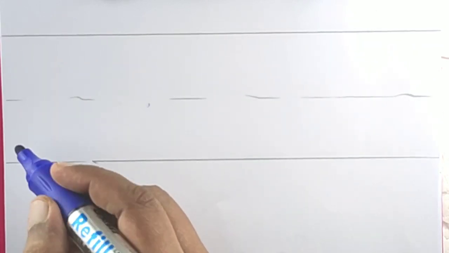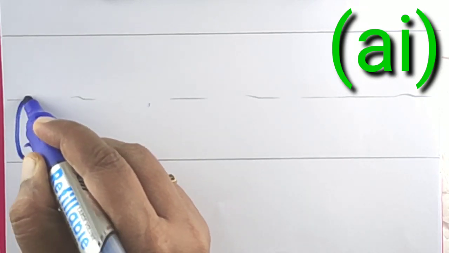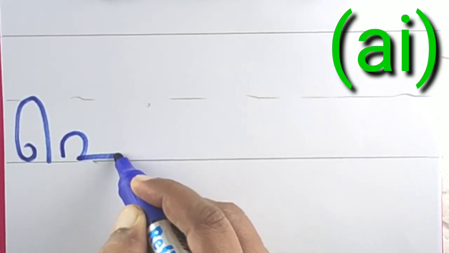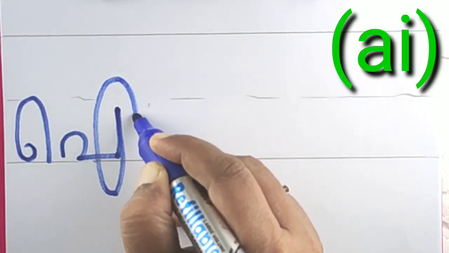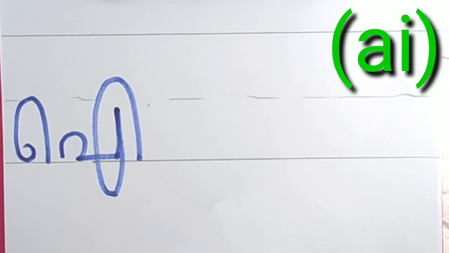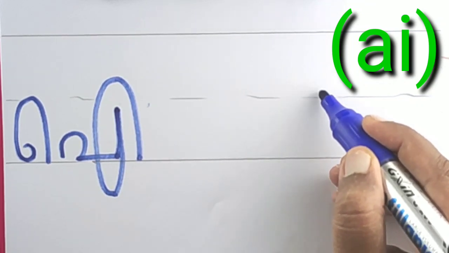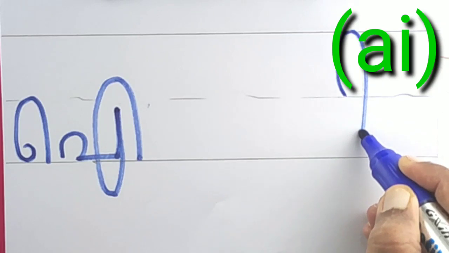The next vowel sign is I. So let's write I here. So now we need to make ka with the I sound. As usual we'll write ka first.